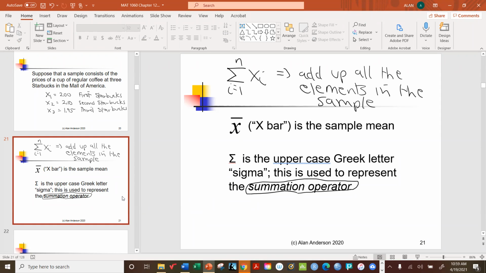In fact, based on the way we've listed this thing, that's telling me in a very compact way, I'm going to add up all the elements in my sample. So in other words, it's shorthand notation that says, listen, for all the elements you have in your sample, just add them up. And that's why it's called the summation operator.